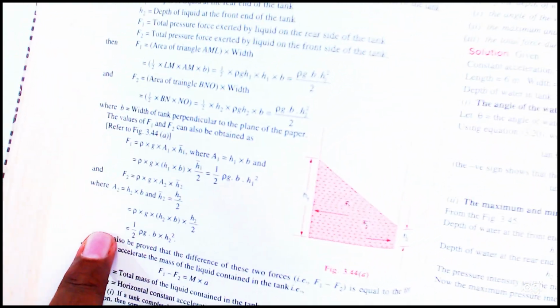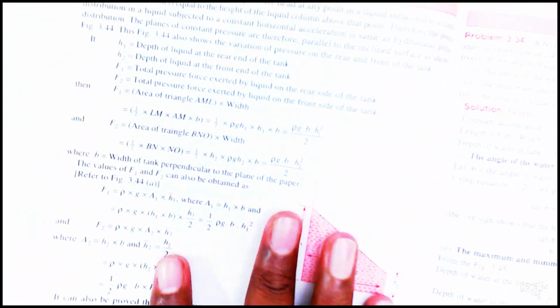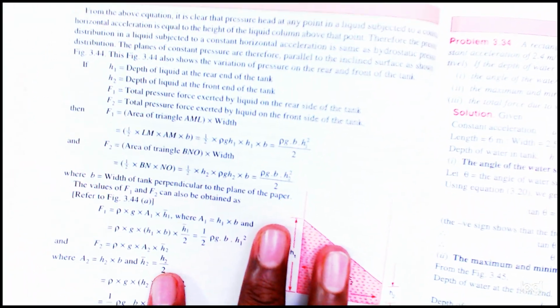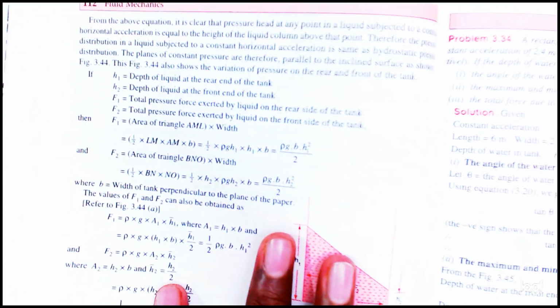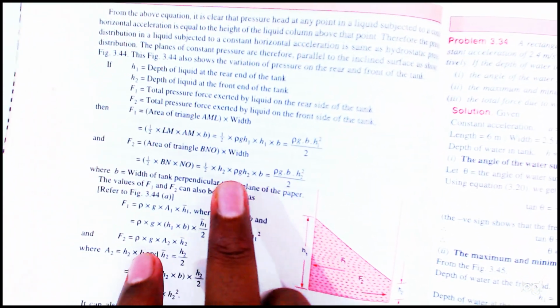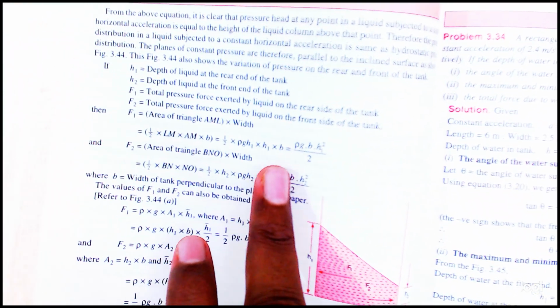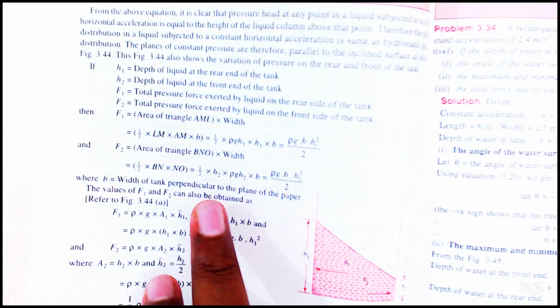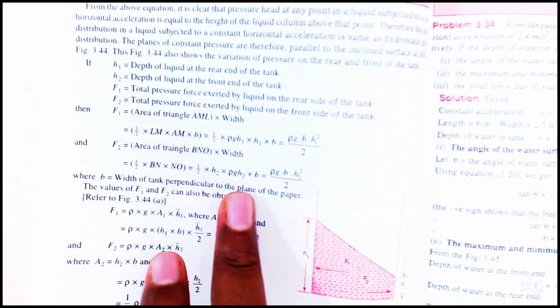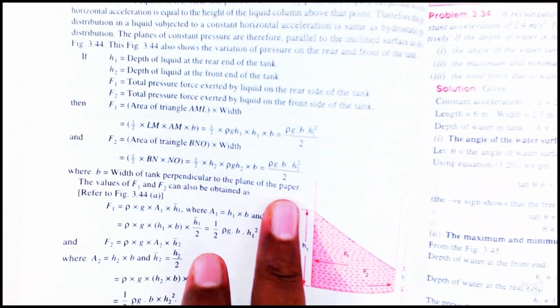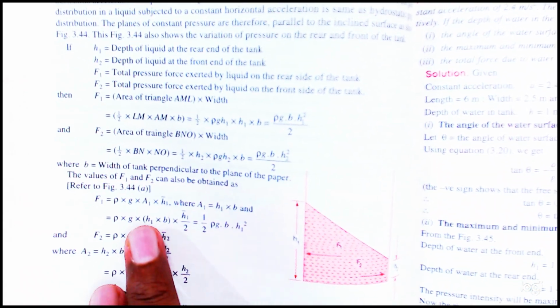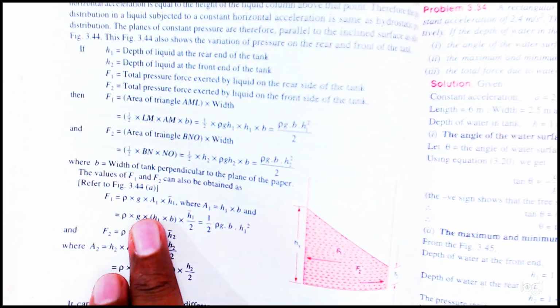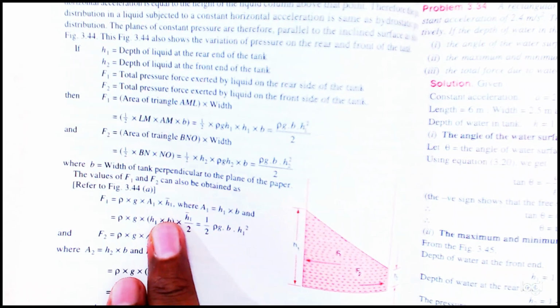From here, the book is RK Bansal, page number 112, fluid mechanics. So from here, this F1 is the same thing, rho G B H1 square by 2, and here rho G B H2 square by 2. We can find here also rho G A1 H1 bar.